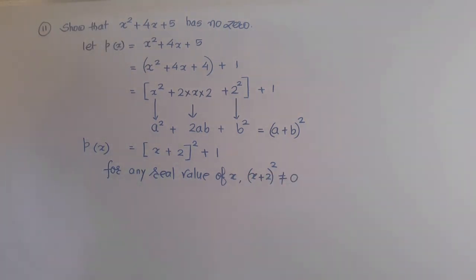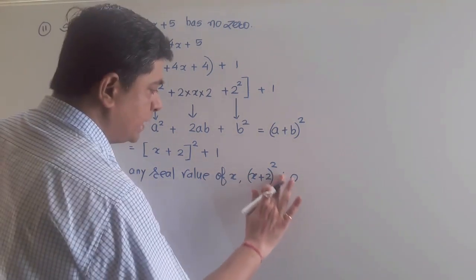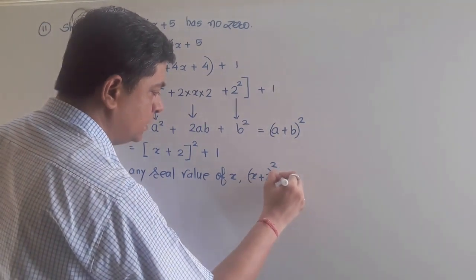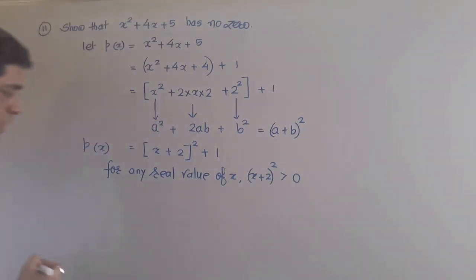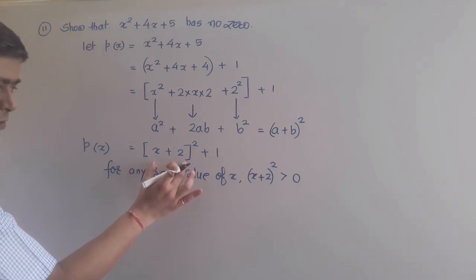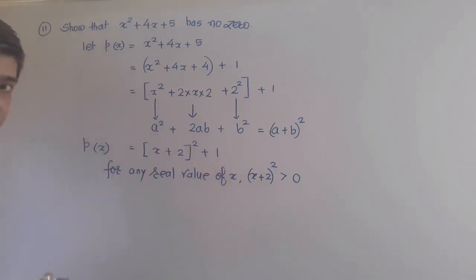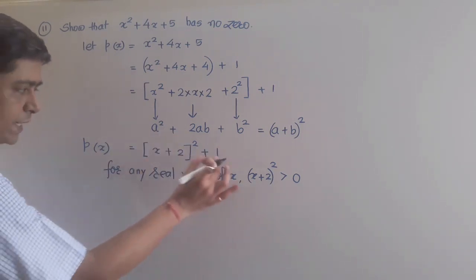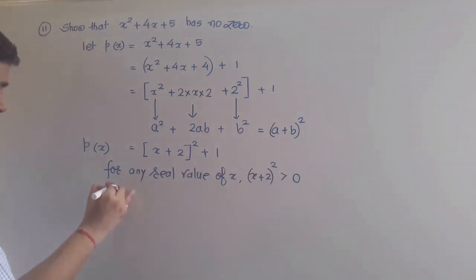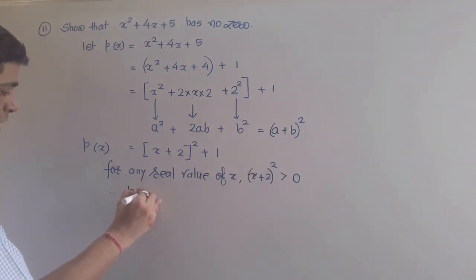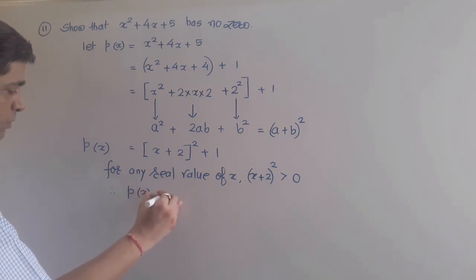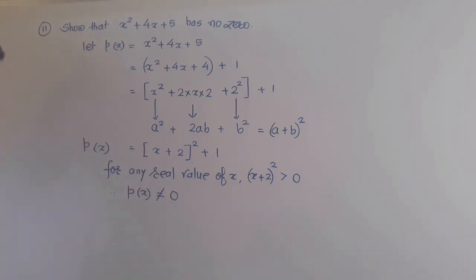Actually we are finding it is positive, or if you want, we can write that also, more than 0. So this is non-zero, and this one I am adding with 1. Any non-zero value added to 1 will again be non-zero. So we can say that therefore in that case the value of p(x) cannot be equal to 0.